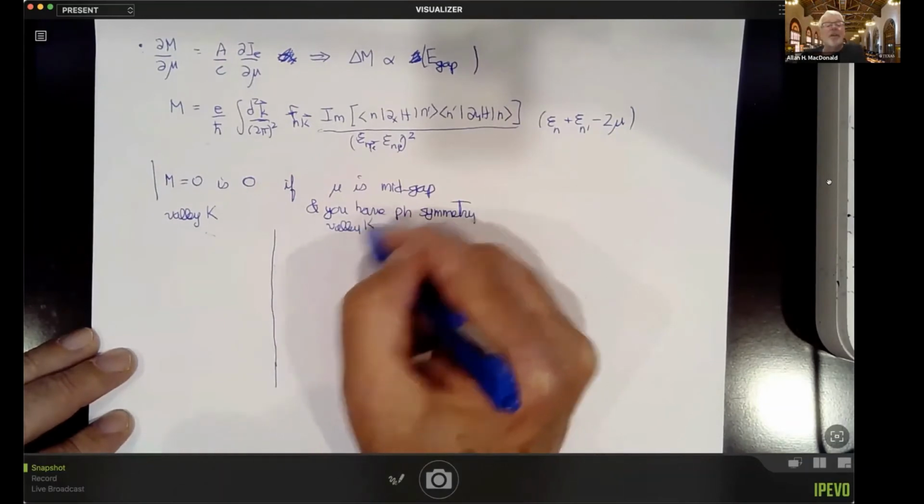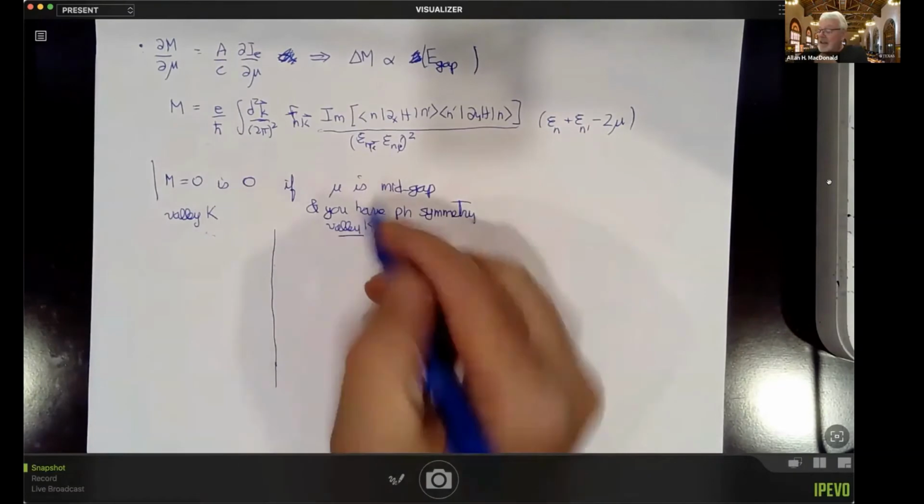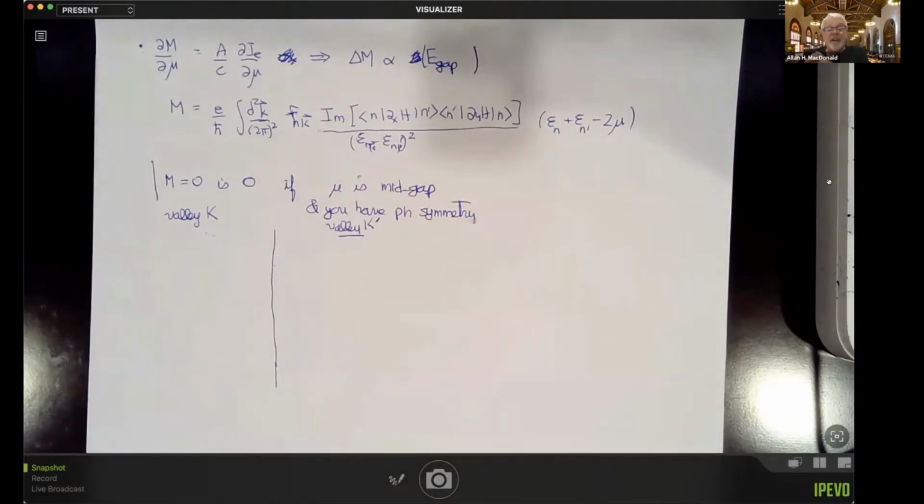And as I said, the quantum anomalous Hall state is one type of valley ferromagnetism where, if it's an insulator, you have only filled bands or empty bands, but more bands are occupied for one valley than the other.